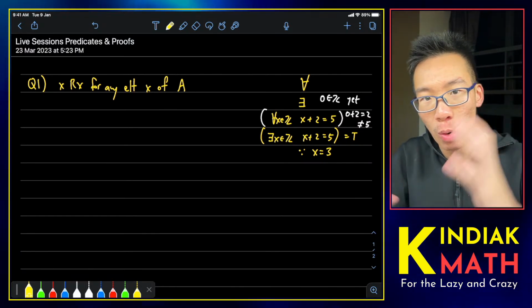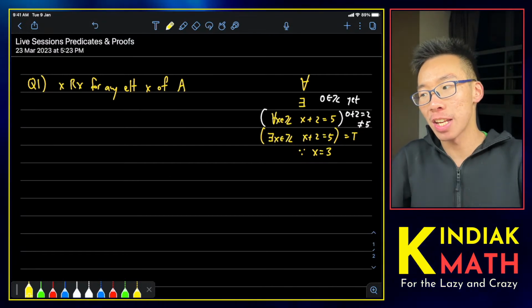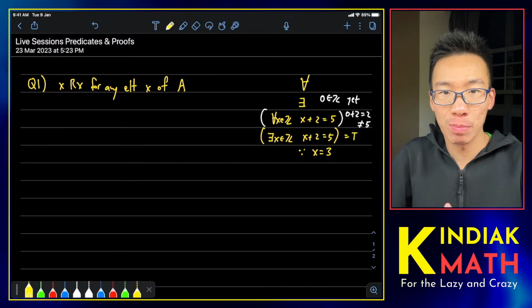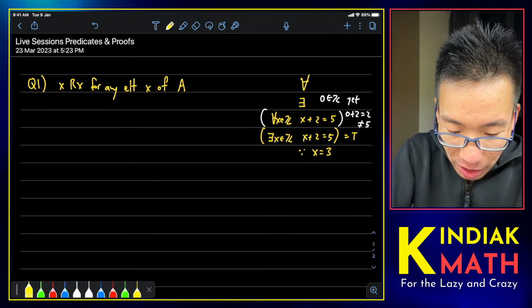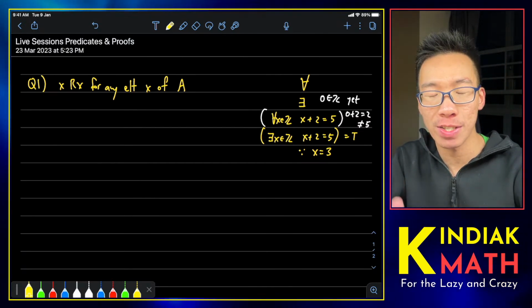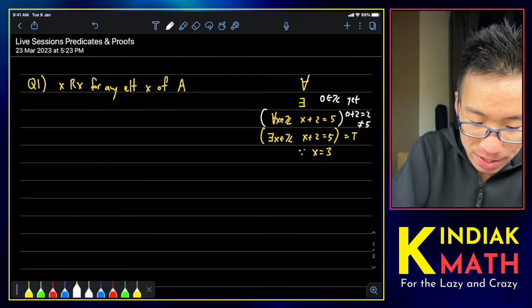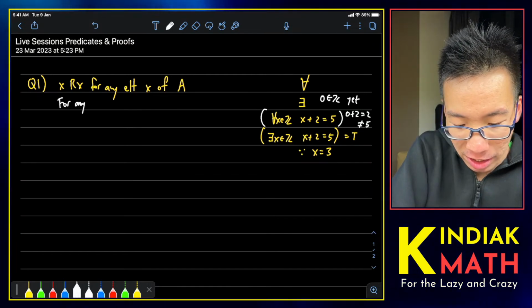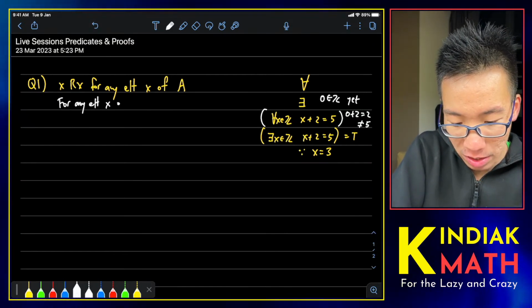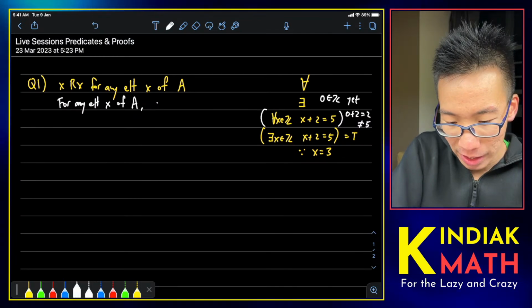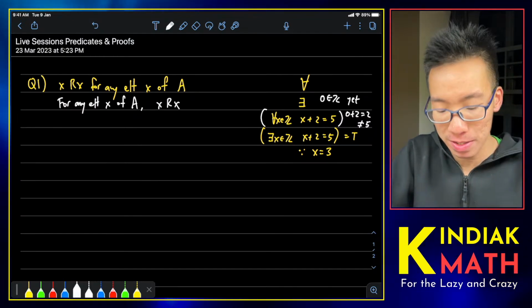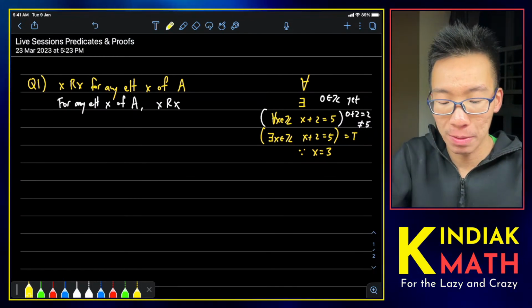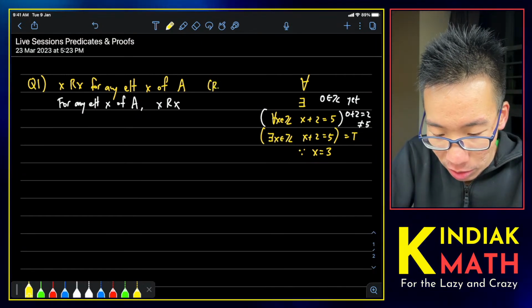Let's first scope what we're talking about and then write out the statement proper. So since we're talking about any element x of A, we'll phrase this as: for any element x of A, x R x, whatever this means. And of course, this will eventually be talked about. This is called reflexivity.